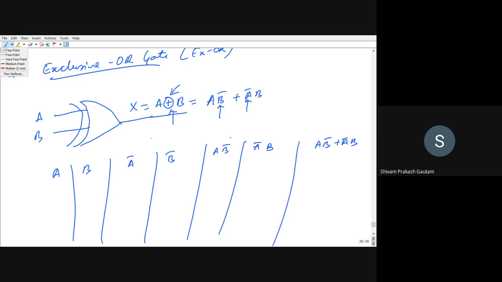AB is my input, and this final column is my output, that is A B bar plus A bar B. You can write it in the opposite order as well, that is A bar B plus A B bar, right? Now we have to fill in its truth table, and this whole part is the intermediate state.